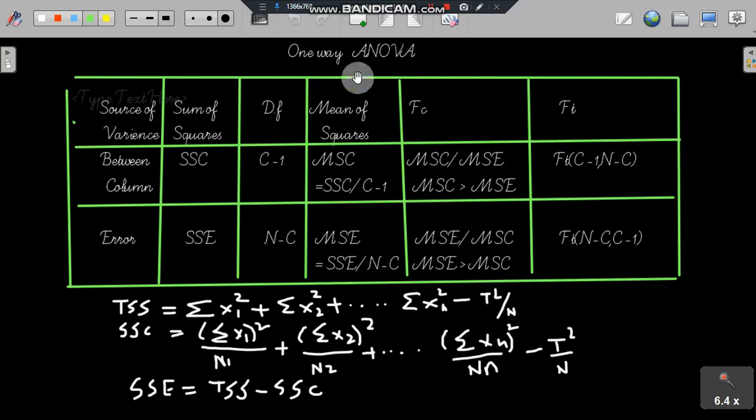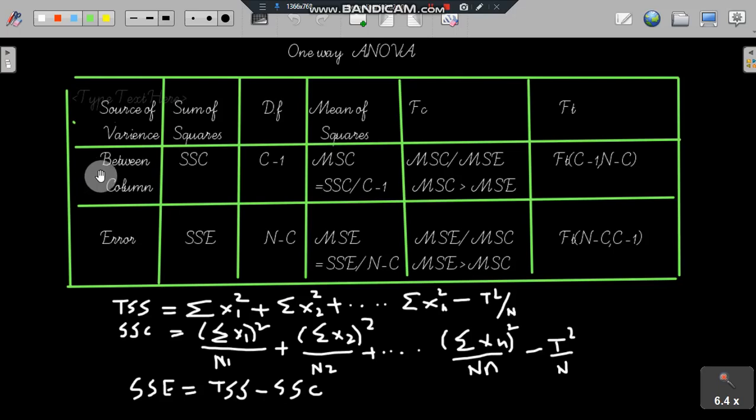analyzing the variance, whether we are analyzing column wise, or row wise, or between treatments. On the basis of that we calculate the source of variance.